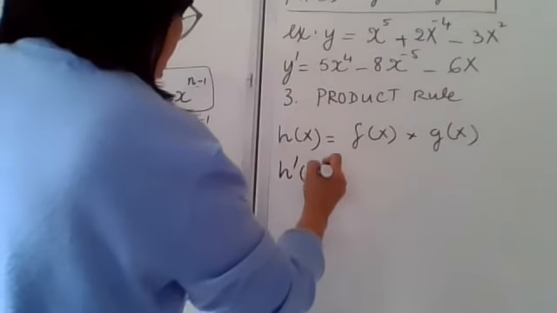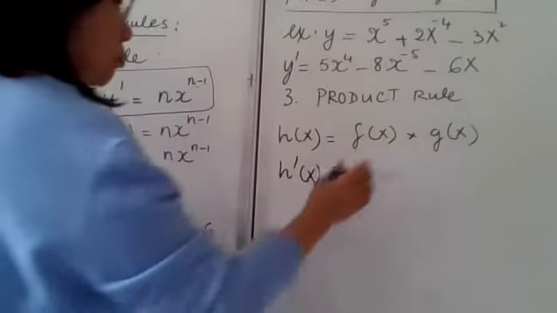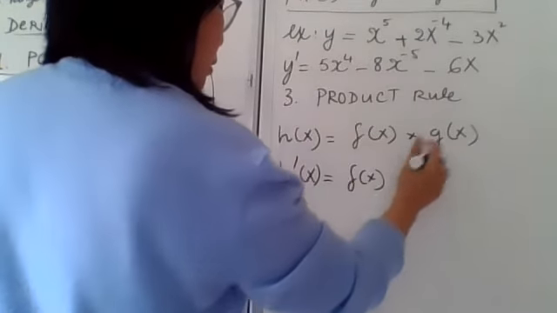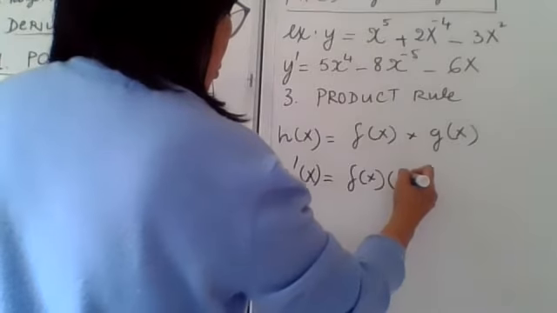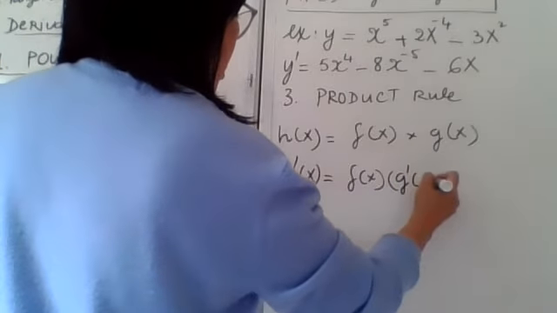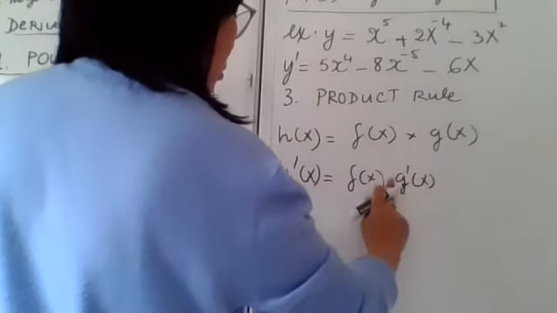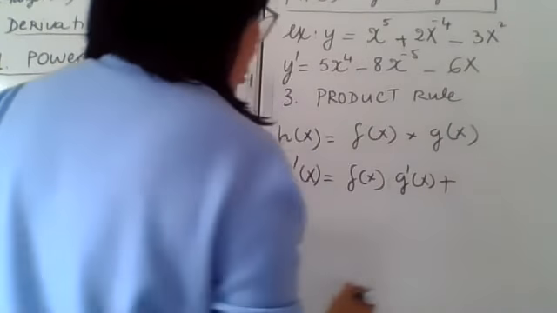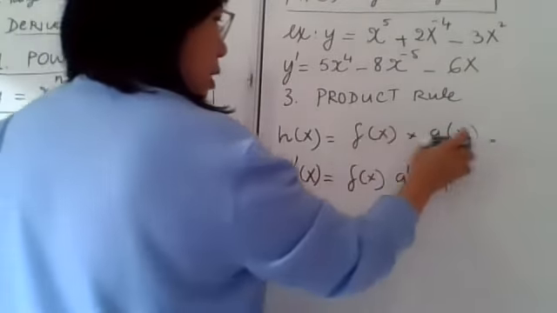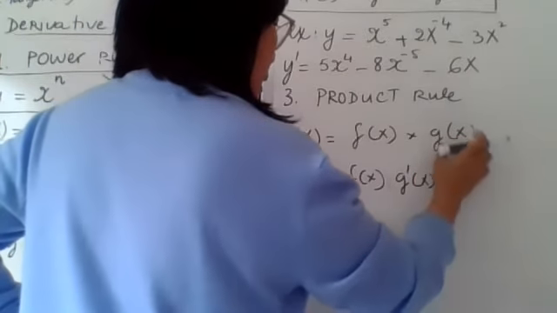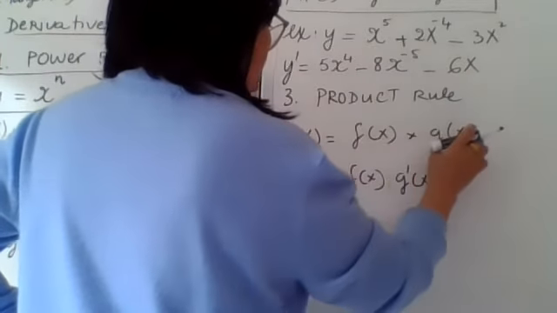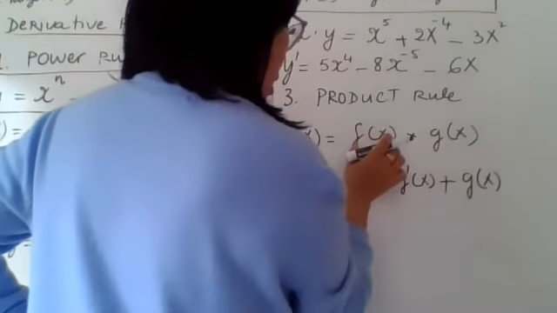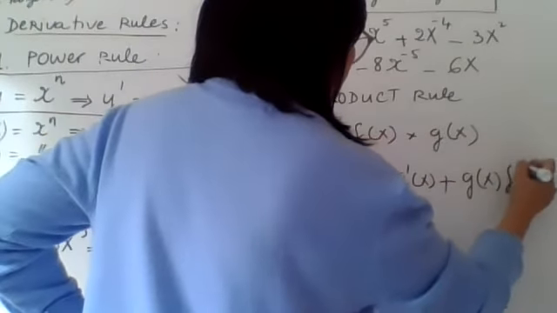H prime of x will be equal to: keep this one the same, times the derivative of this one, which is g prime of x, adding: keep this one, times the derivative of this one, adding now: keep this one the same, g of x, times the derivative of f of x.